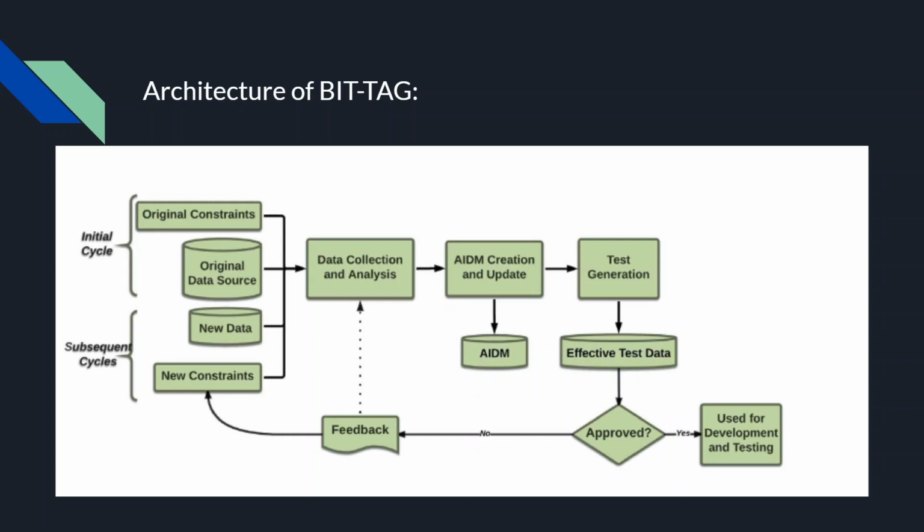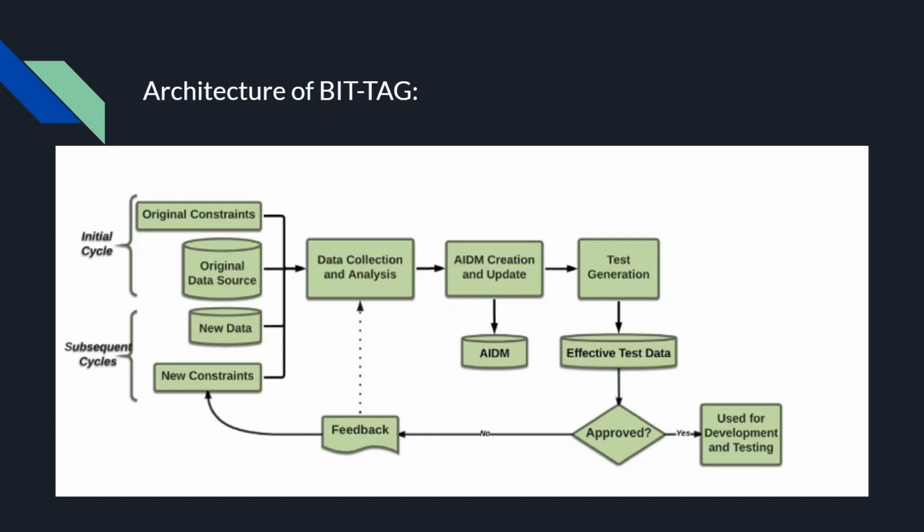In the subsequent cycles, three types of changes can happen. The first is new data coming from the customers, and the second is that existing constraints are modified or new constraints are added. Third, reviewers return feedback from the generated datasets, previous datasets, or from the analysts, developers, or testers.